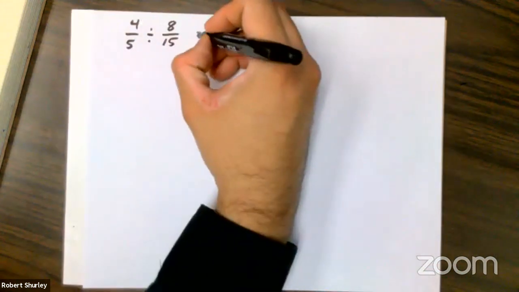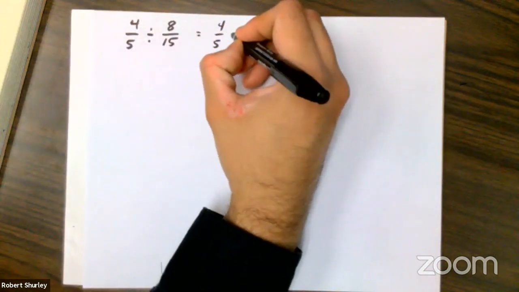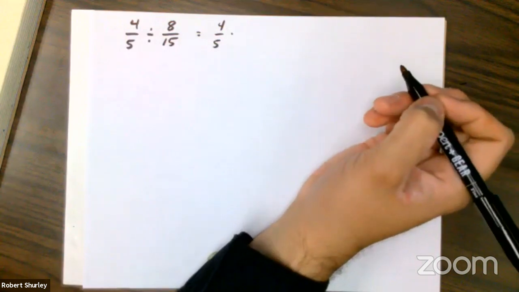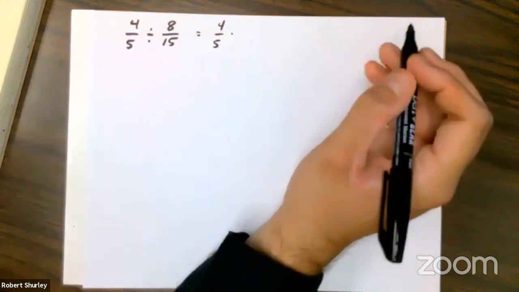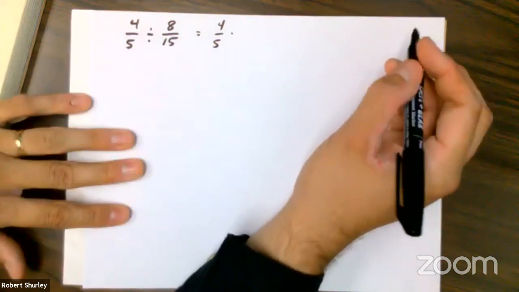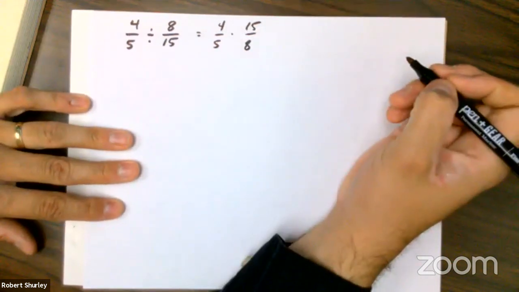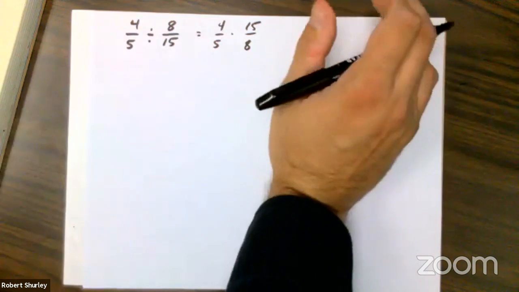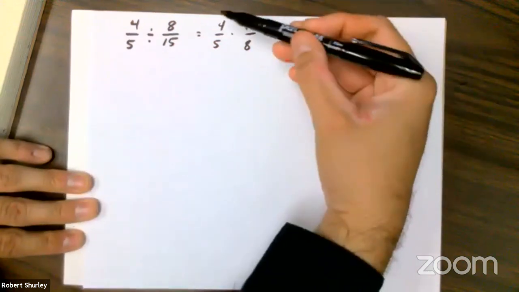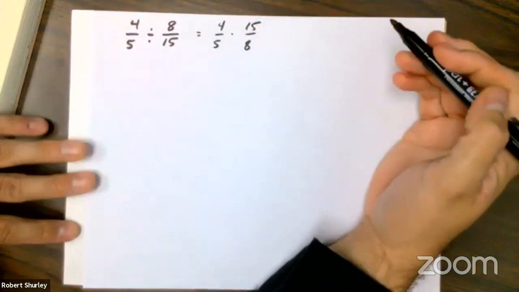You keep the first fraction, you change the division to multiplication, and you flip, you do the inverse of the second fraction, okay? 15/8.